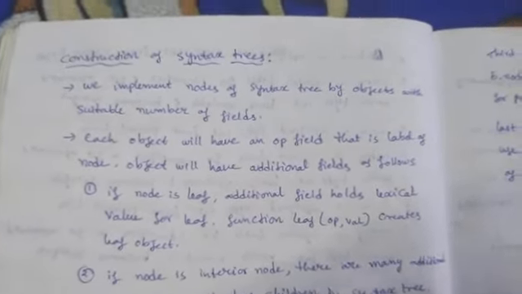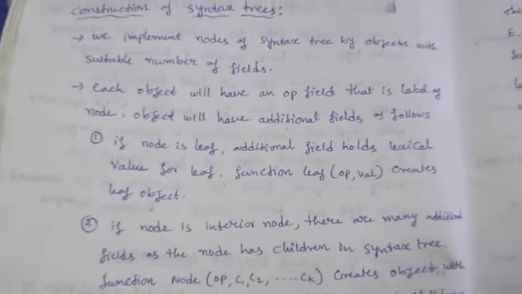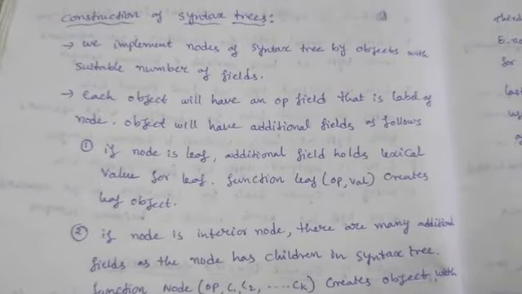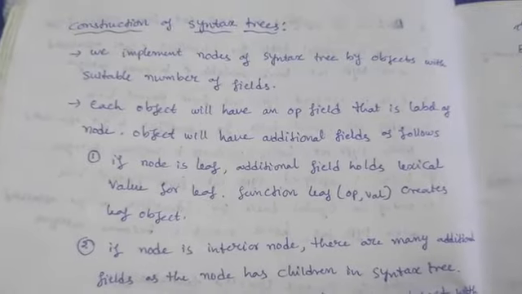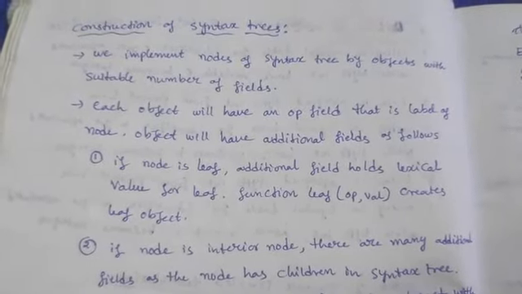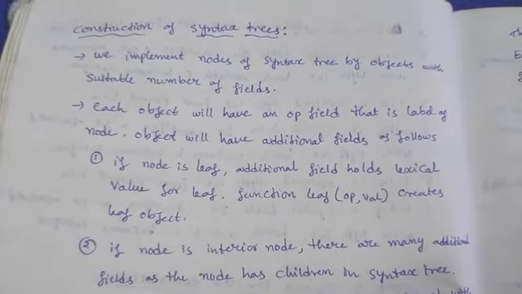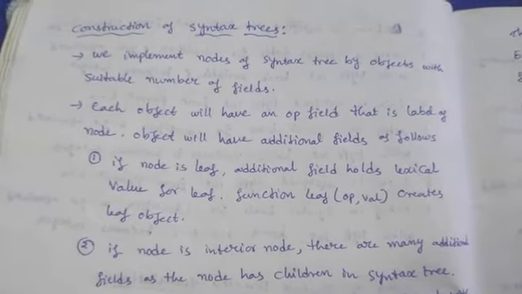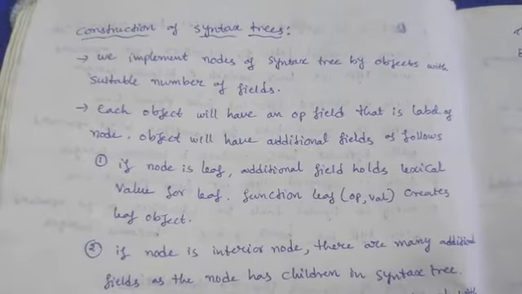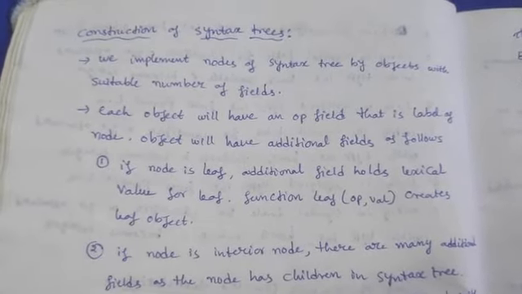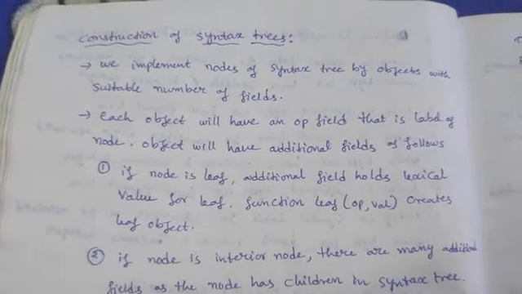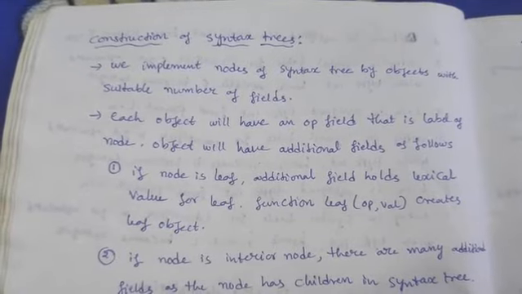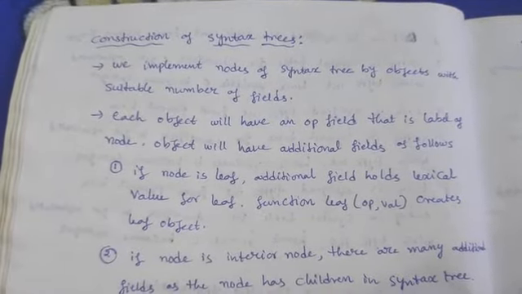Each object will have an op field, and some objects have additional fields also. For every node one field is necessary, that is the op field, and beyond that there can be additional fields.